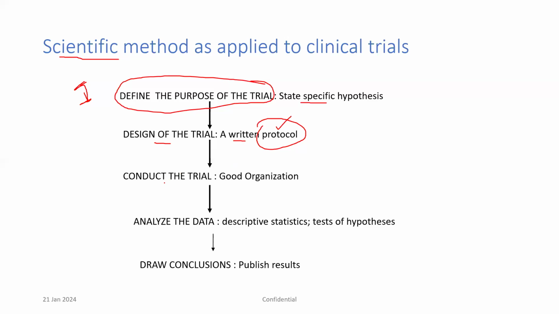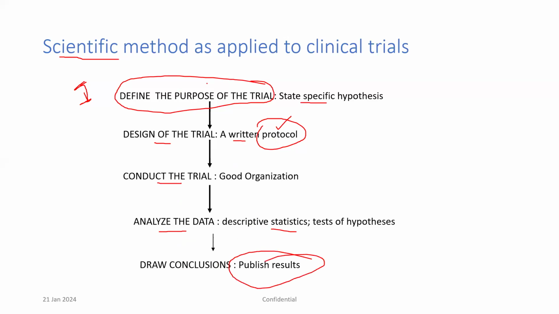Once you have the protocol, you conduct your trial, which is basically doing your research, then you analyze your data. How do you analyze it? By statistics; SAS programming and such tools are used here. Then finally, when you have the data, you write a clinical study report, and finally you publish your result.